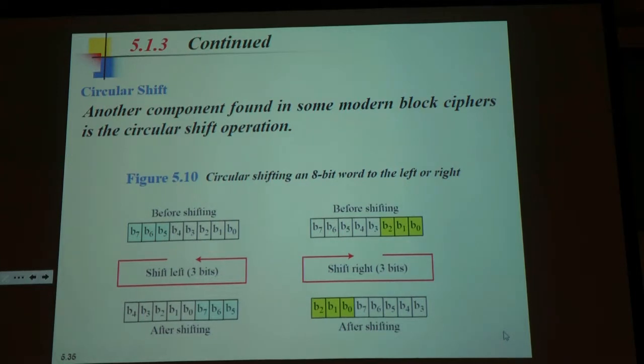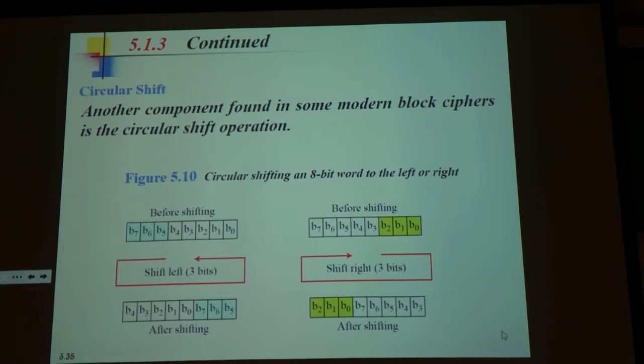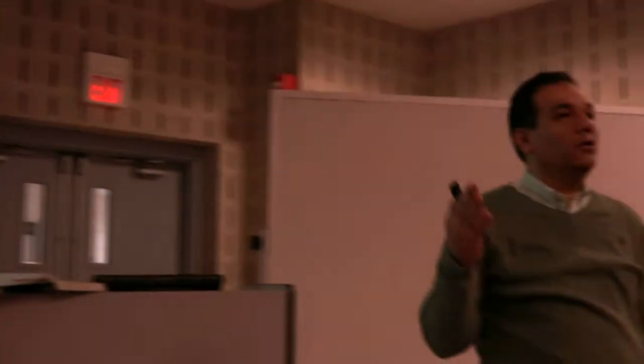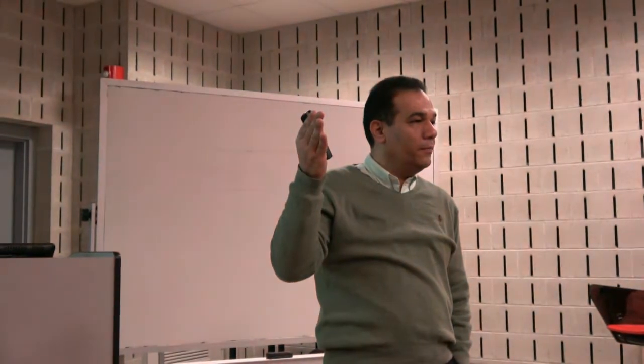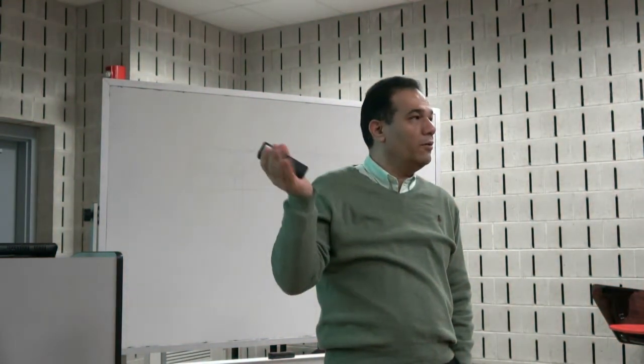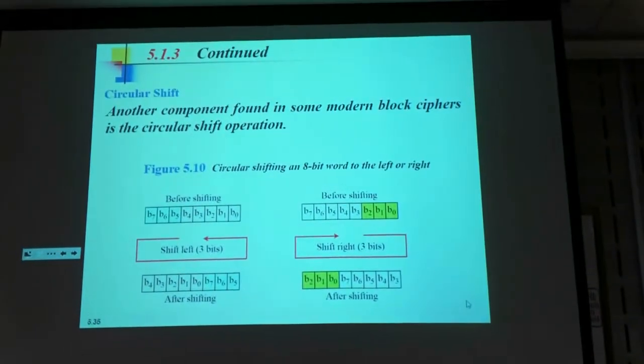So then we come to circular shift. One more component we use is a circular shift. So far, what we learned about were substitution boxes, transposition boxes, and XOR. Now we're going to learn about circular shift. What is circular shift? Yes, shift register. I'm sure you have learned it in your digital design.